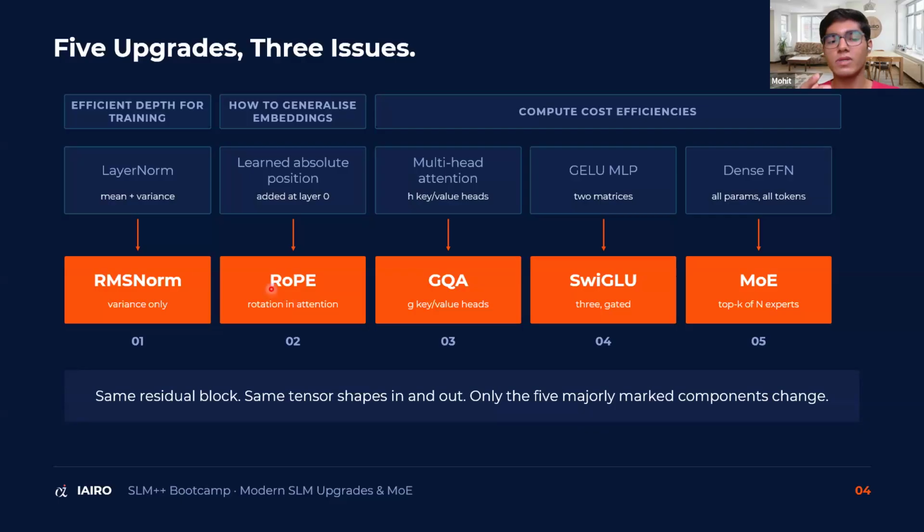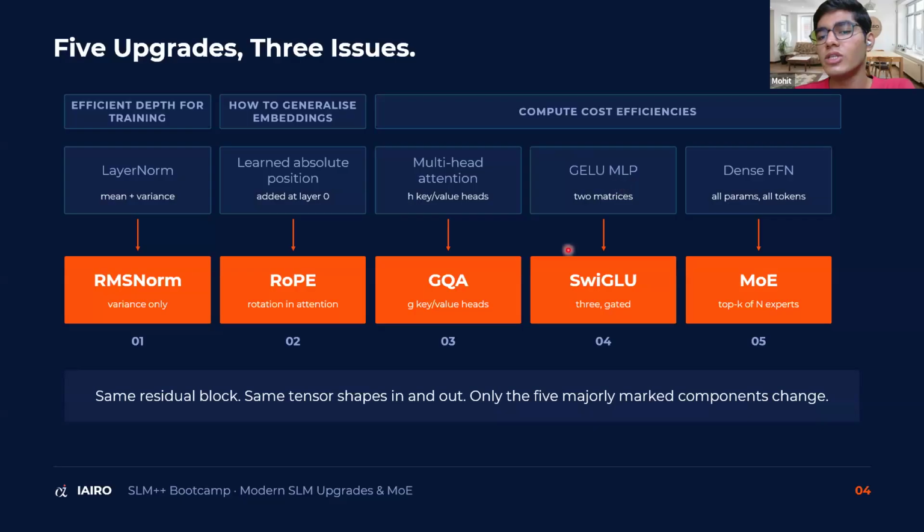Hence we want an upgrade there, which is called rotary positional embedding. Then there was multi-head attention, a pretty inefficient way to look at the different tokens, and hence we got an upgrade there, which is called group query attention.